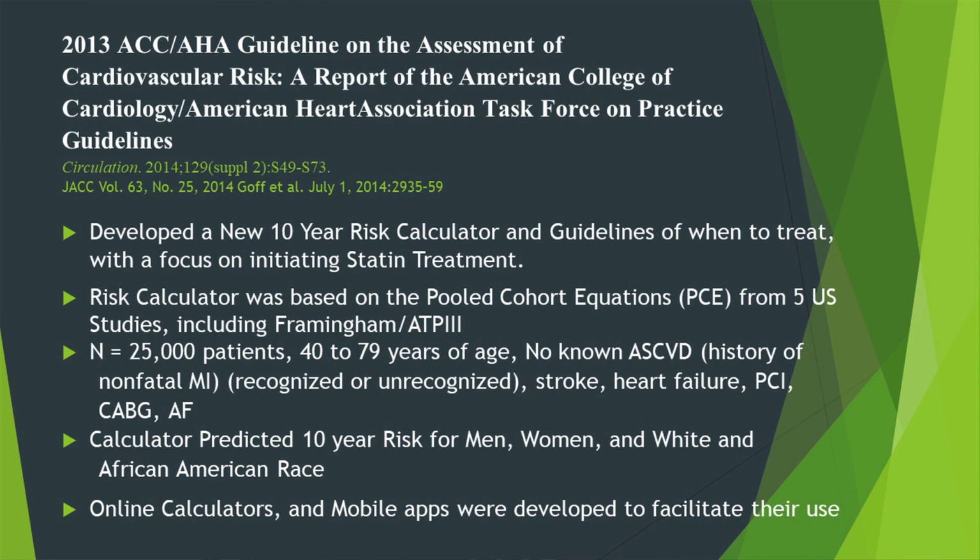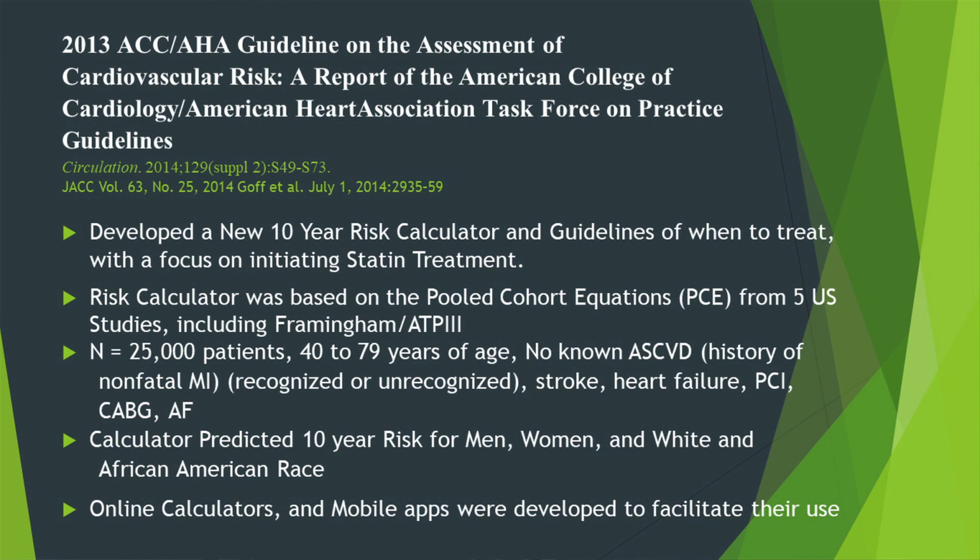So in 2013, the American Heart Association and ACC decided to re-look at this because they felt it was important to be able to predict risk to make decisions about treatment, whether to intensify or start treatment for these patients, in addition to lifestyle modifications.